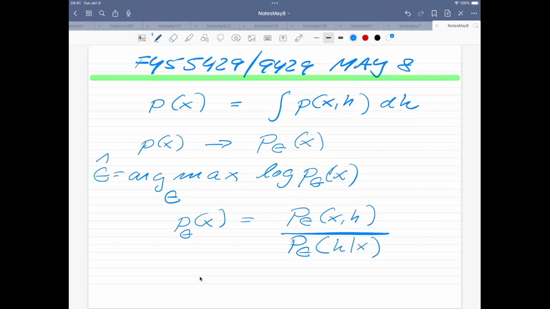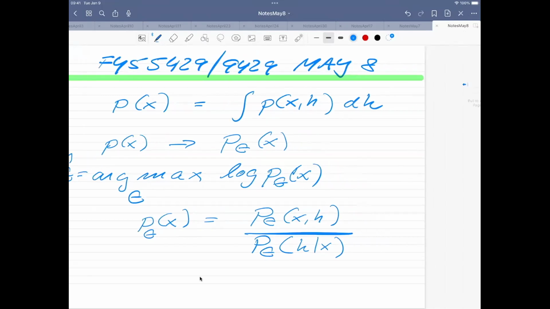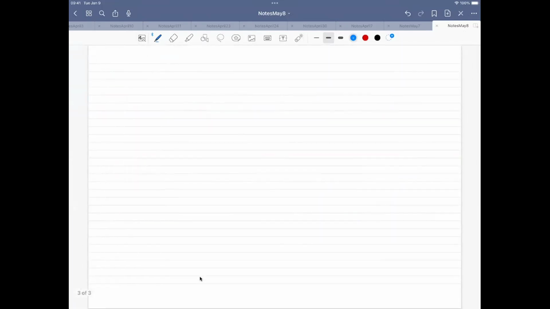So what we typically end up with then is an optimization problem where, if we think of variational autoencoders, let us quickly remind ourselves about the variational autoencoders.